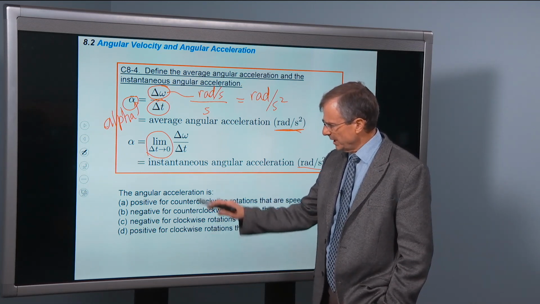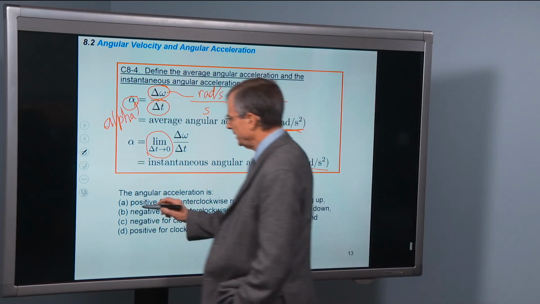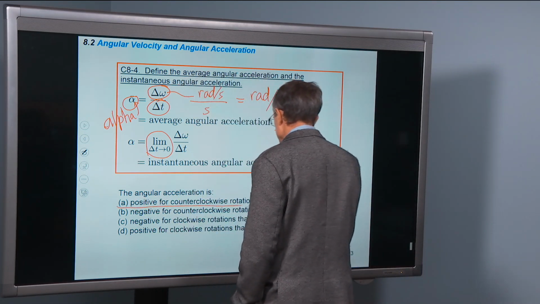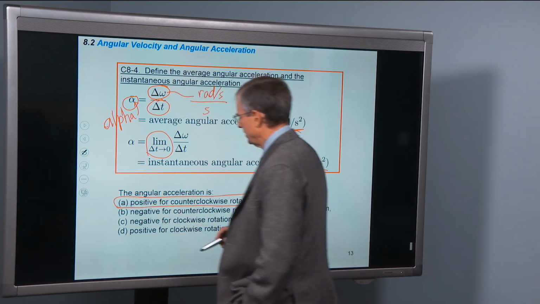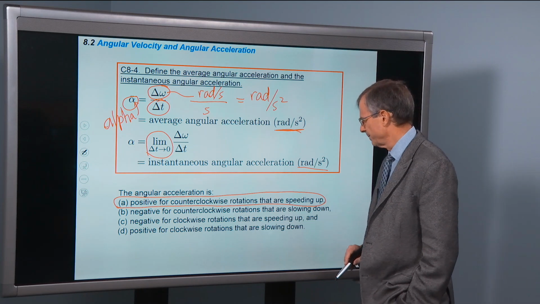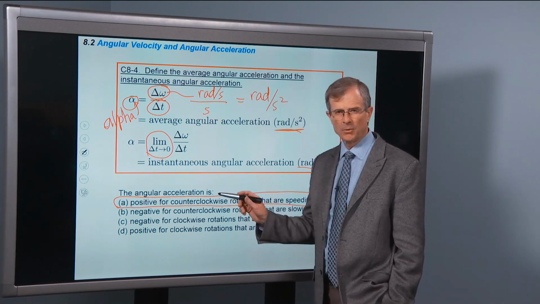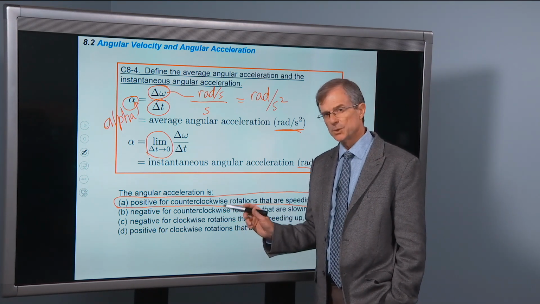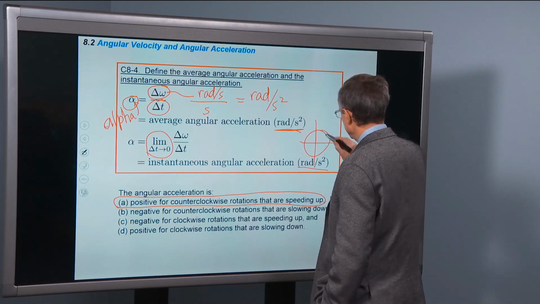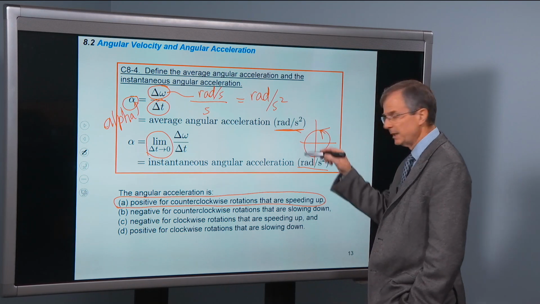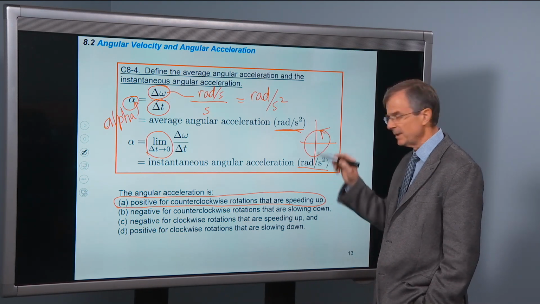Now, angular acceleration. To help you get a grip on this, we're going to look at this one carefully because this one's the simplest possible case. So let's look at a counterclockwise rotation that is speeding up. All right, so we're looking from above. We're looking at something that's rotating counterclockwise.